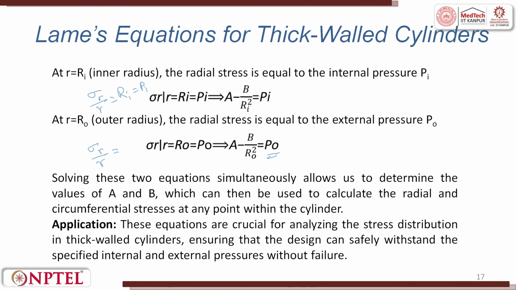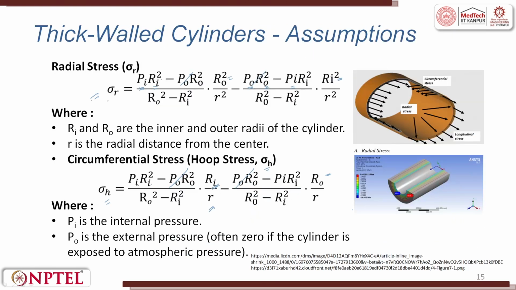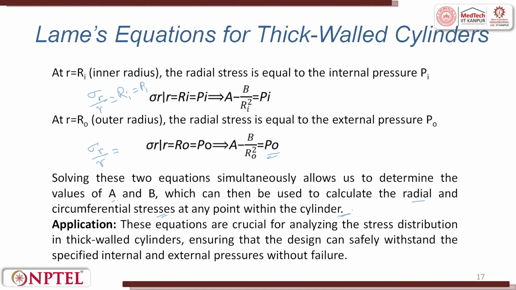Solving these two equations simultaneously allows us to determine the value of A and B, which can be used to calculate the radial and the circumferential stress at any point within the cylinder. So, this is for a thick cylinder case. We saw the thin cylinder case, and here what we are trying to solve is for thick cylinder type. This is Lame's equation, which is also very important and used in thick wall cylinders.